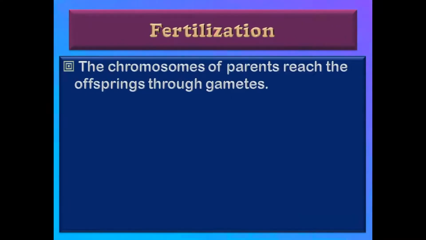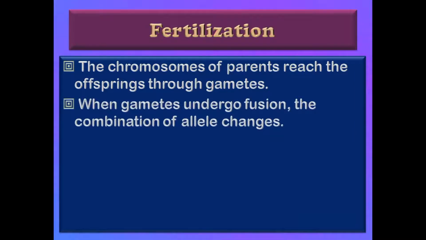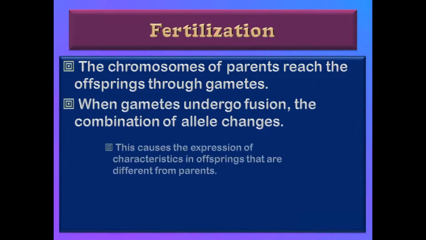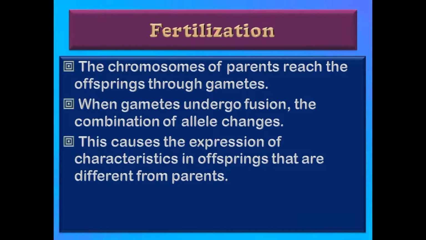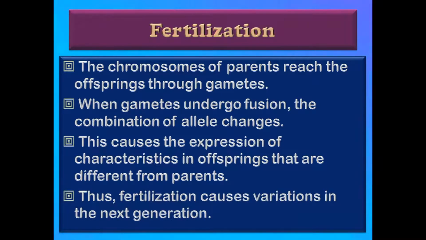When the gametes undergo fusion, the combination of alleles changes. This causes the expression of characteristics in offsprings that are different from parents. We simply call it variation. Thus, fertilization causes variation in the next generation.